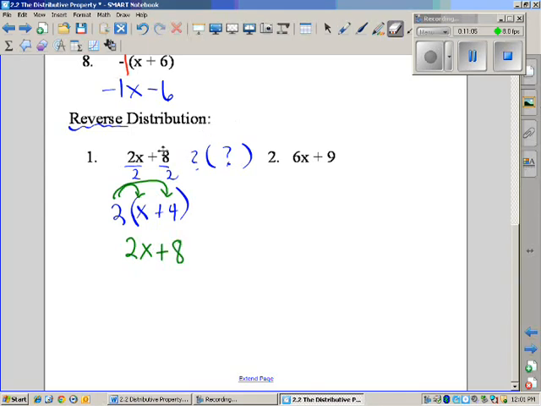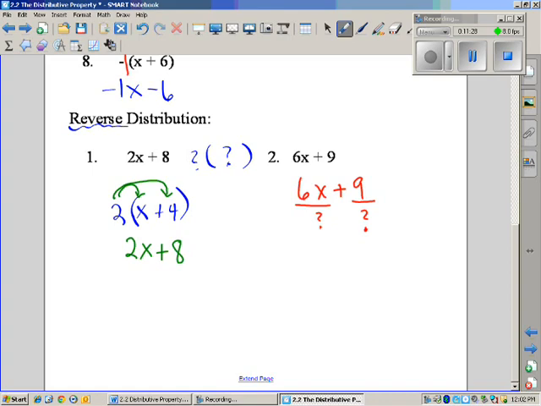Now, I made a really big mistake up here because I wrote on the original problem. And if I were giving myself a grade, I would mark myself down because we never write on the original problems. Let's do number 2 together. I'm going to copy the original problem over, so I can do it without writing on the original problem.